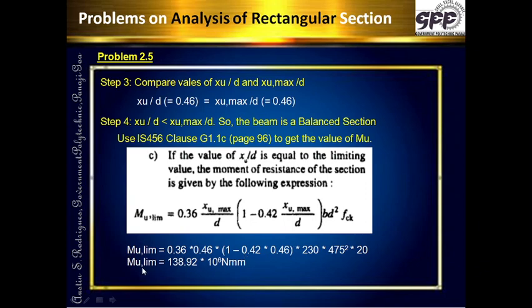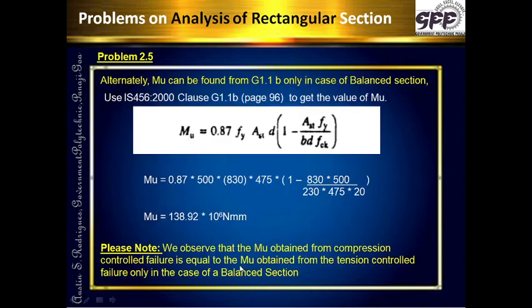So when I solve this, I get Mu limiting, the maximum bending moment resisted by this beam from the internal forces, as 138.92 into 10 raised to 6 Newton mm. As I told earlier, Newton mm is because this is a ratio, this is taken in mm, this is taken in mm, this is Newton per mm square. So the answer is in Newton mm.